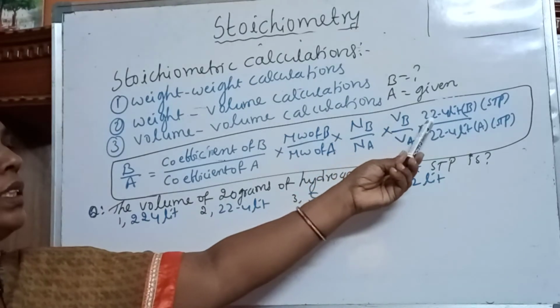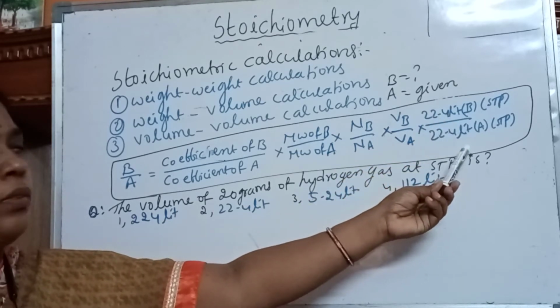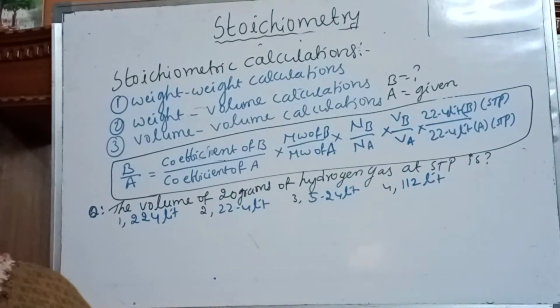Next, 22.4 liters of B by 22.4 liters of A, at STP only. At which condition? STP. What is the full form of STP? Standard temperature and pressure. The standard temperature is about 273 Kelvin, and the standard pressure is 1 atmosphere.